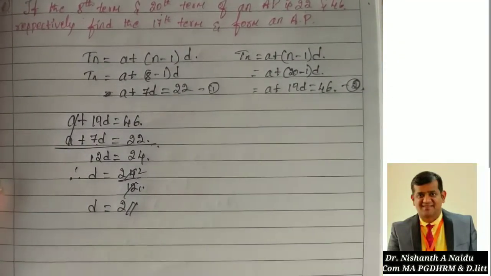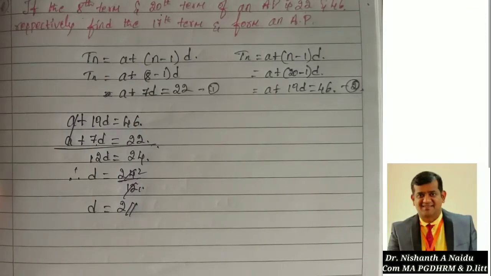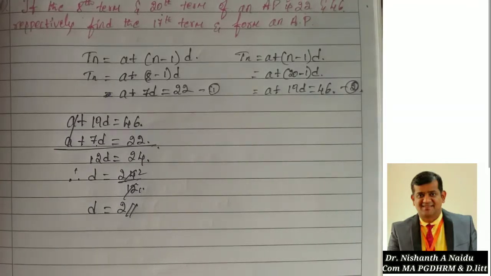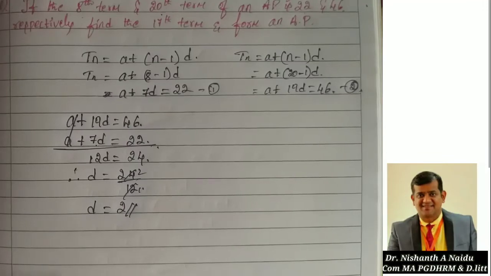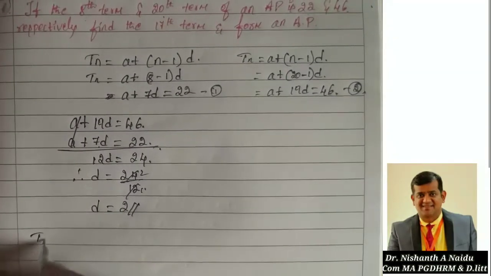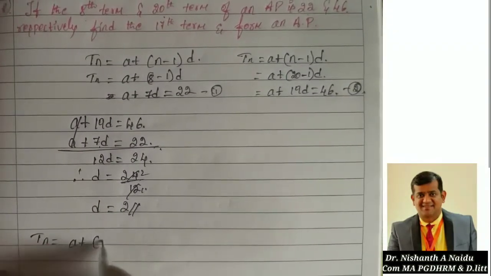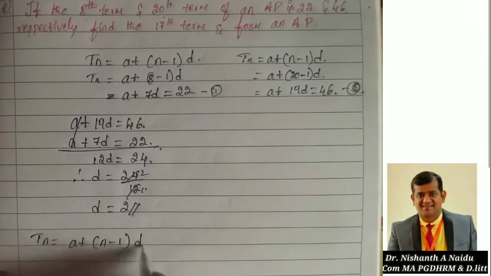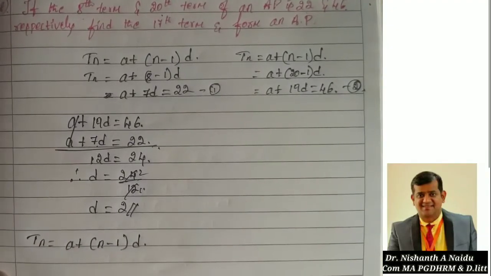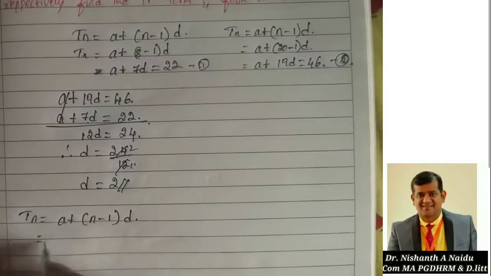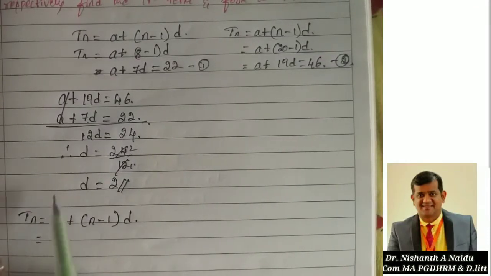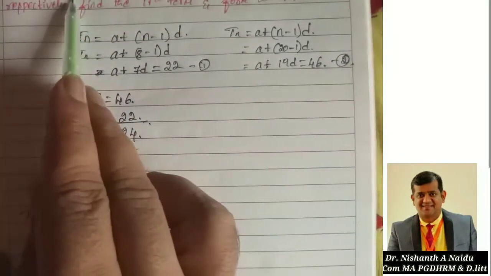Now let us apply this and find A. We have to find A now. D equals 2, so let us apply the formula Tn equals A plus n minus 1 into D. Suppose we consider 8 as the first number.